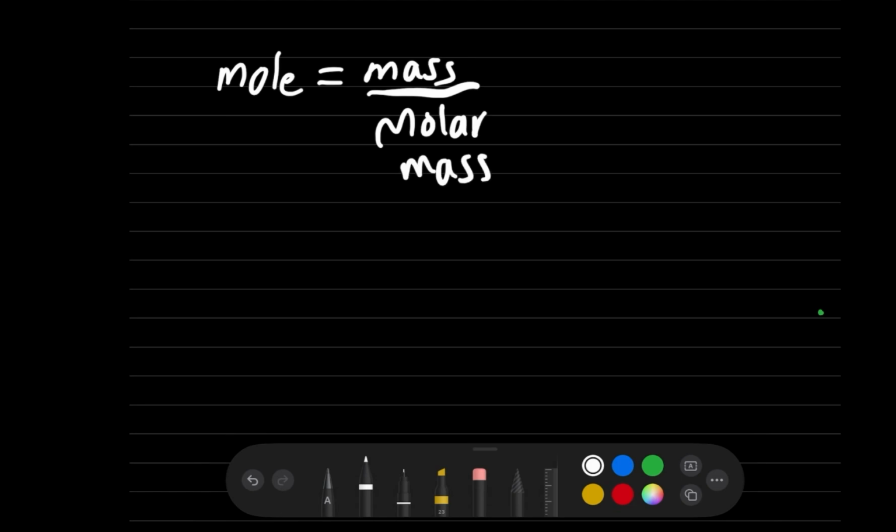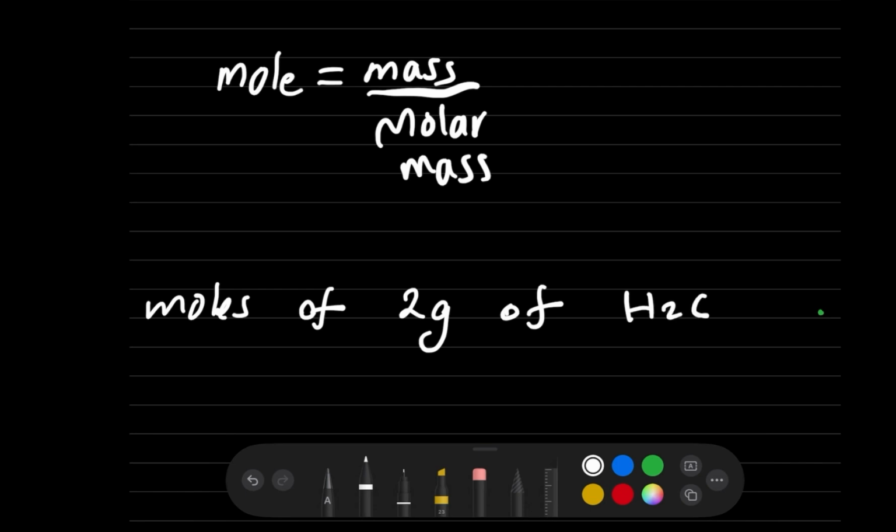Okay. All right. So let's say if you want to calculate the moles of 2 grams of water, how can I calculate how many moles do we have in 2 grams of water? We can apply the same rule.